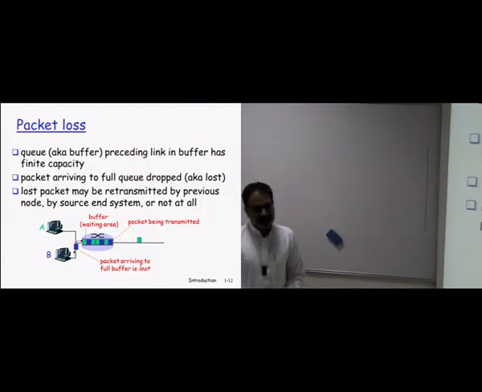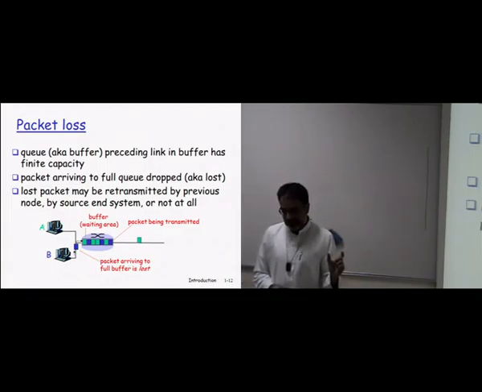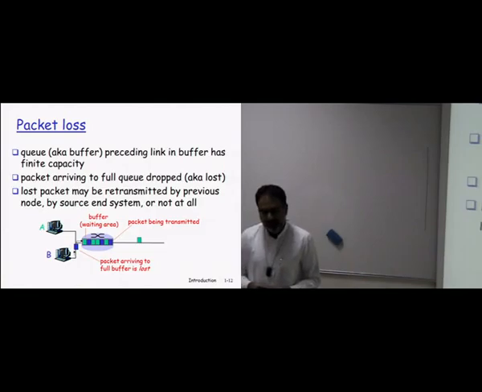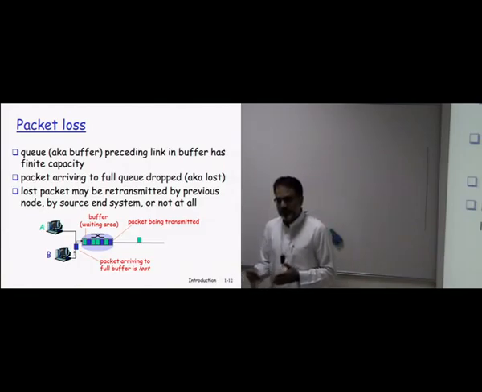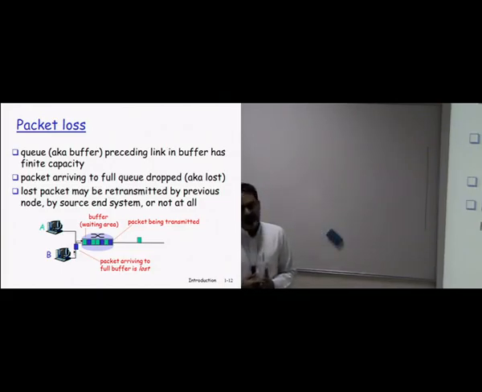So a lost packet has to be retransmitted by the previous node again. If it is lost, it means it is not received at the destination. If it is not received at the destination, it has to be retransmitted by the source host. Is it clear? It is dropped on the router.